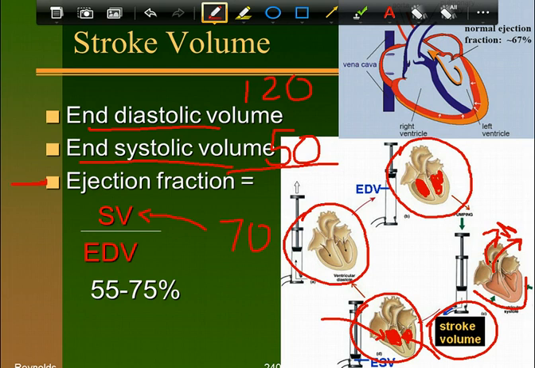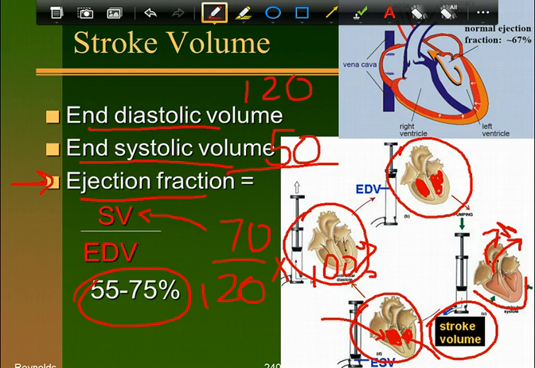Now, this other value right here, ejection fraction: stroke volume divided by end diastolic volume. So if you take 70 and you divide by 120, and you multiply by 100 for a percentage, because ejection fraction is always given in percent, you get this value, which is somewhere, for most people that are normal, between 55 and 75%.